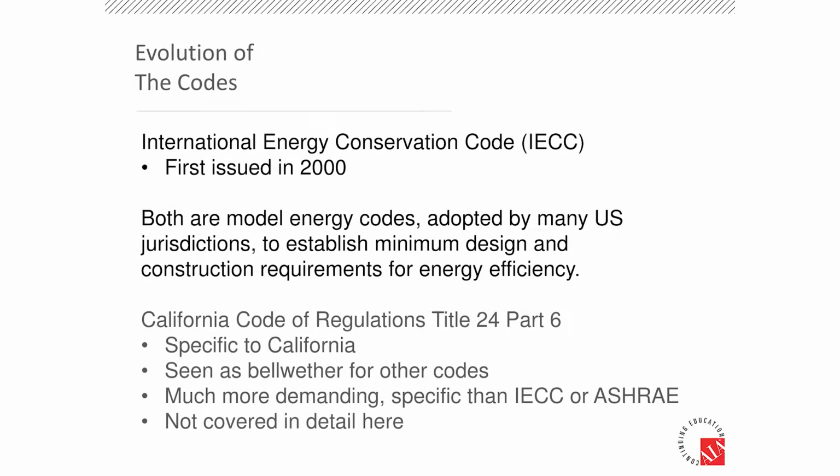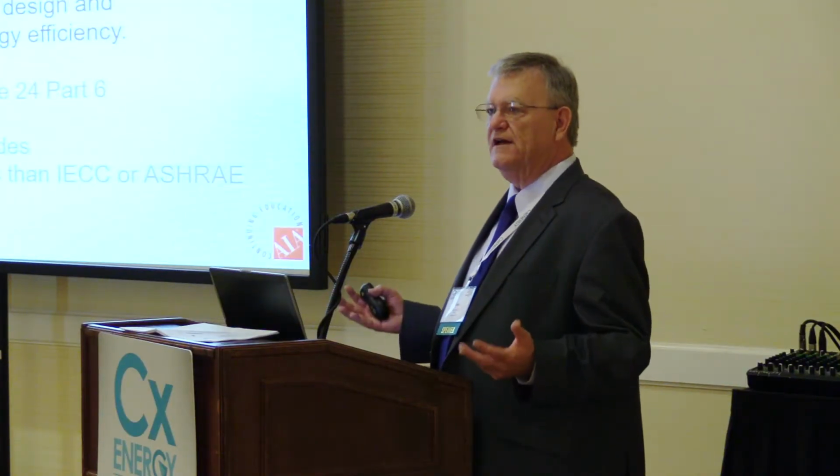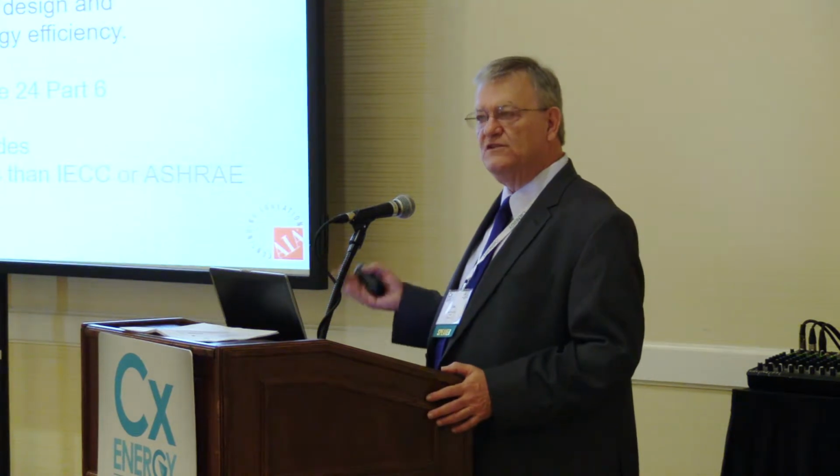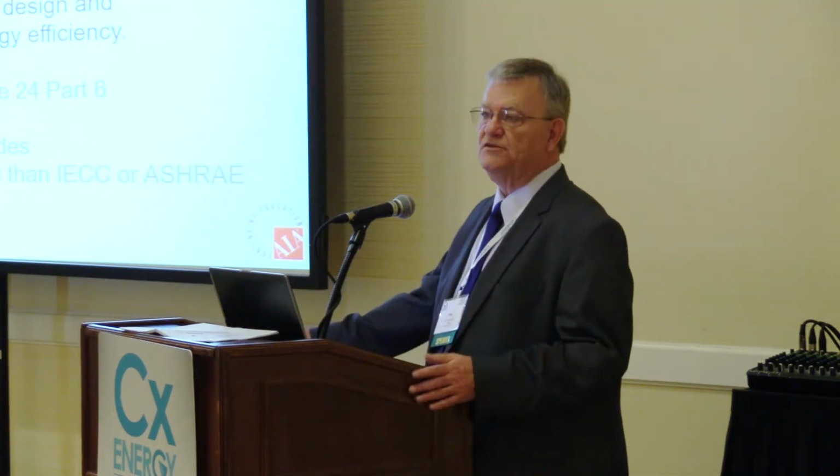Below it, you'll see that I've got a little picture of California, or mention of California. It's Title 24, Part 6. It's specific to California. It's often seen as a bellwether for other codes. Things that happen in California, some of those things filter into the energy codes in the next iteration or the one after.